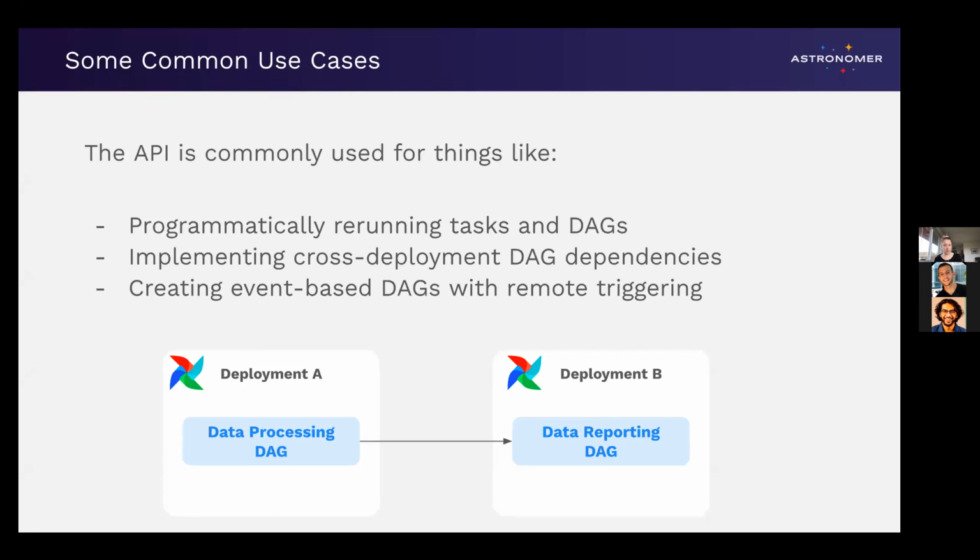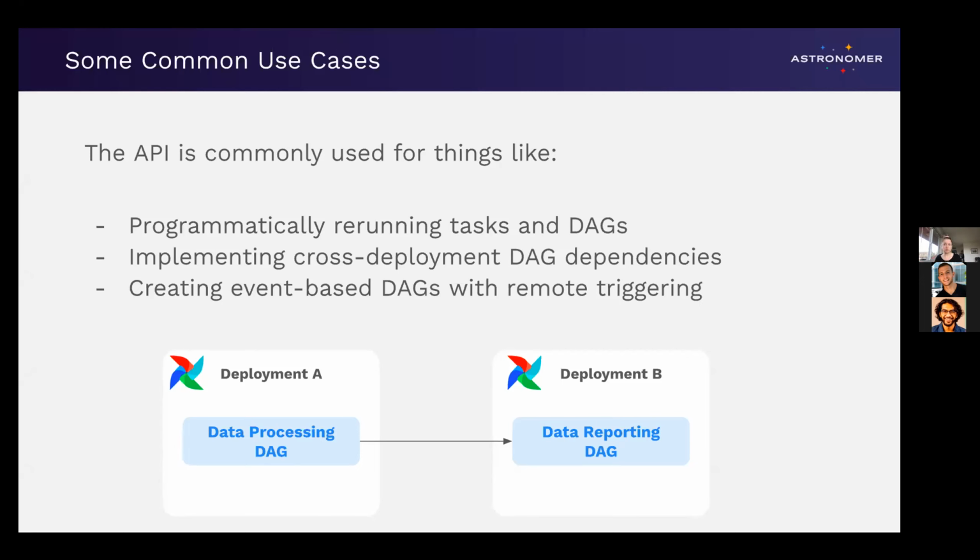The second is implementing cross-deployment DAG dependencies. So I'll show this as well. This is something that the diagram is highlighting here. We, in general, recommend that any dependencies between your tasks or even between DAGs are implemented in the same Airflow environment, but sometimes that doesn't work for your use case.